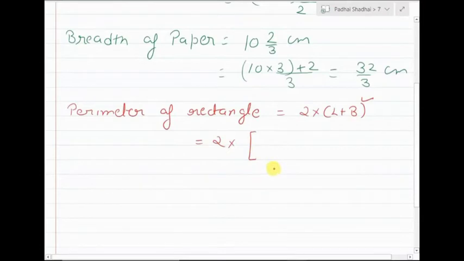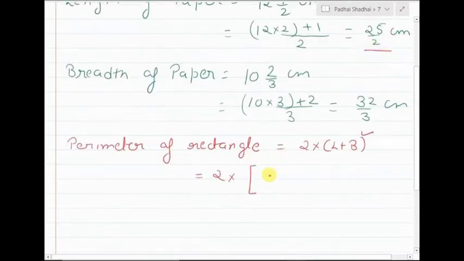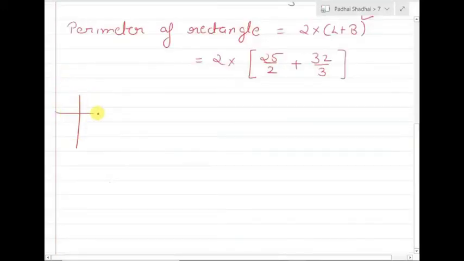Length is 25 by 2 and breadth is 32 by 3. First we will have to add the terms in the bracket. We will need to take LCM of 2 and 3. Dividing by 2 we will get 1 and 3, and again we divide by 3. So we get the LCM 2 into 3, that is 6.